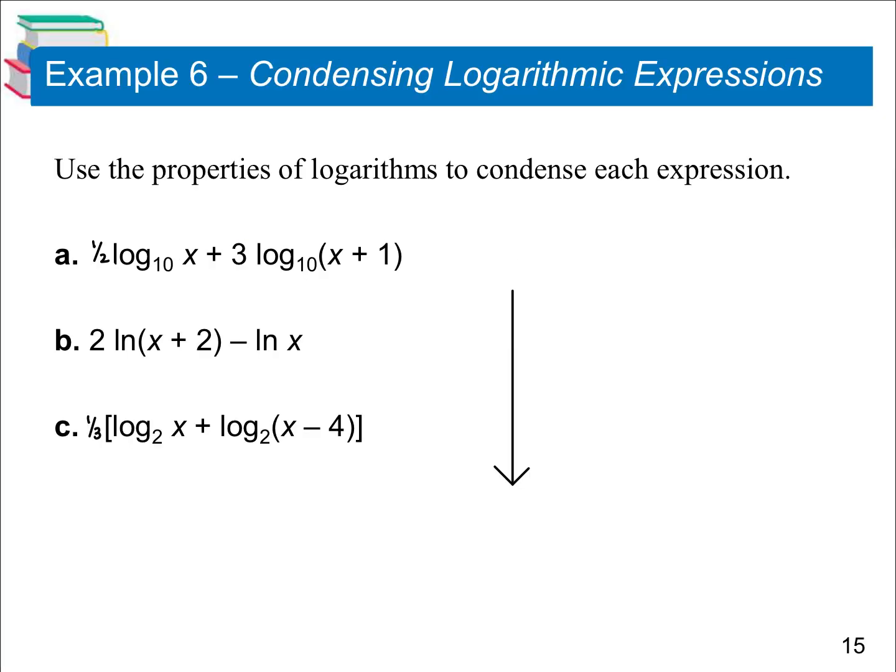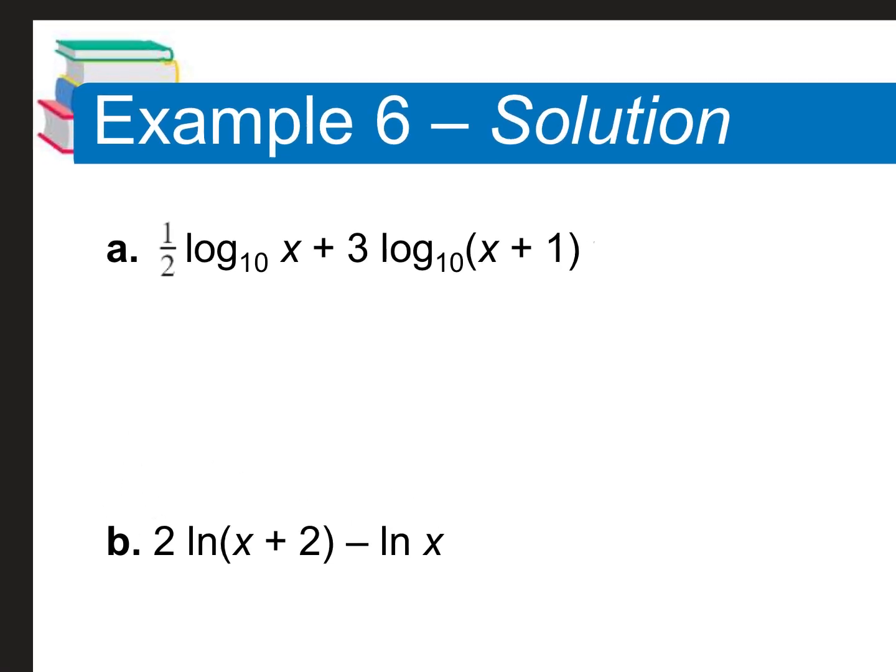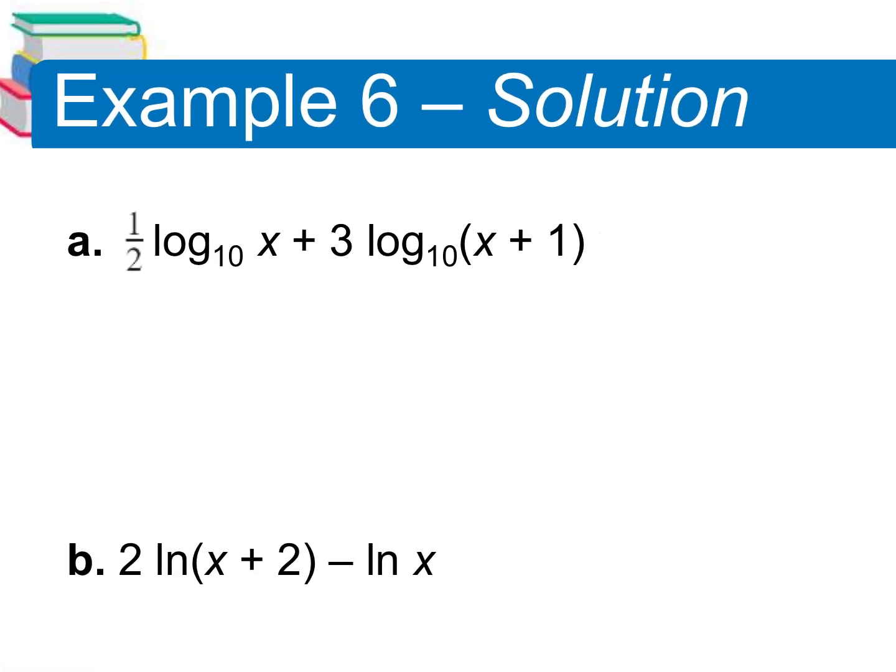So for your last 3 examples, it tells you to use the properties of logs to condense each expression, which means you're going from the long form to the shortened form. So again, we're going to represent addition with multiplication, move those numbers from the front to be powers, and if there's subtraction, use division. If we look at the first example, we have 1/2 times the log 10 of x plus 3 log 10 of x plus 1.